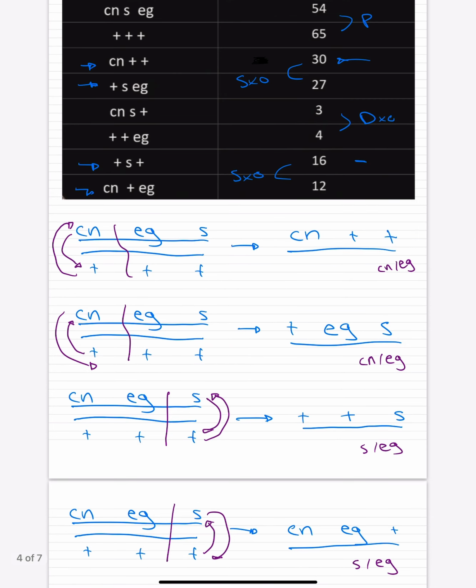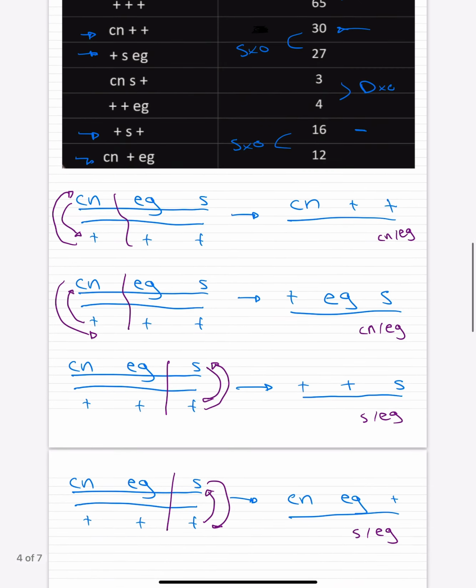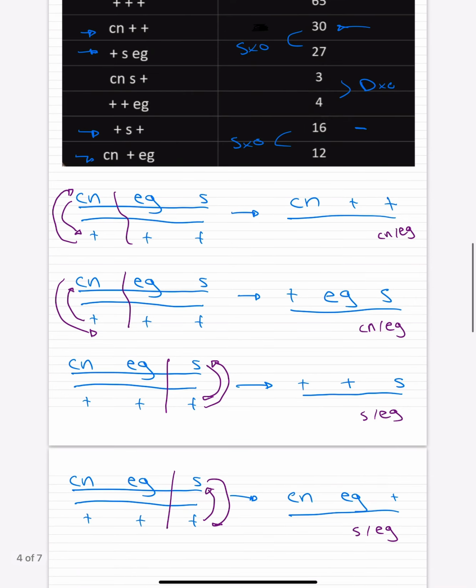Now what we want to do is calculate the recombination frequency for each of these crossovers. So we want to calculate the recombination frequency between crossover of CN and EG and crossovers of S and EG.